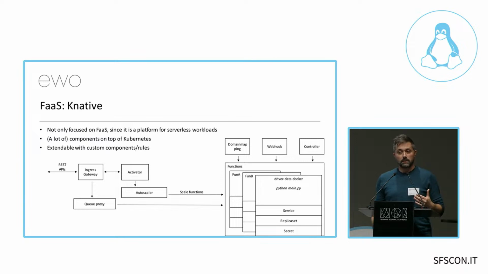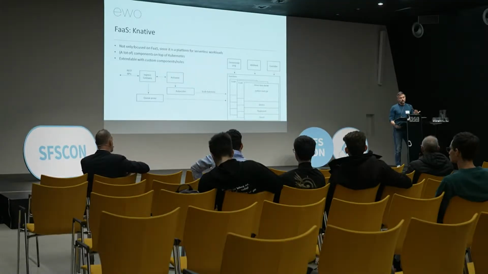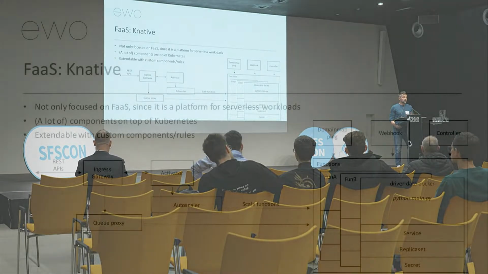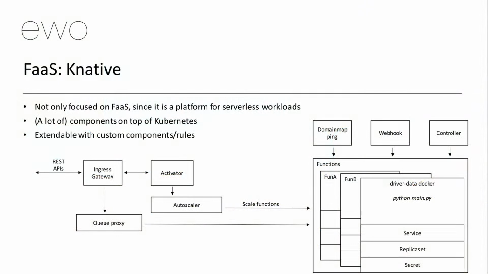You are not focusing anymore only on the code of your function, but you also need to tackle the difficulties of deploying these new components on your infrastructure. A good thing is that it's flexible and it gives you the freedom to customize it with your own custom rules and so on and so forth.